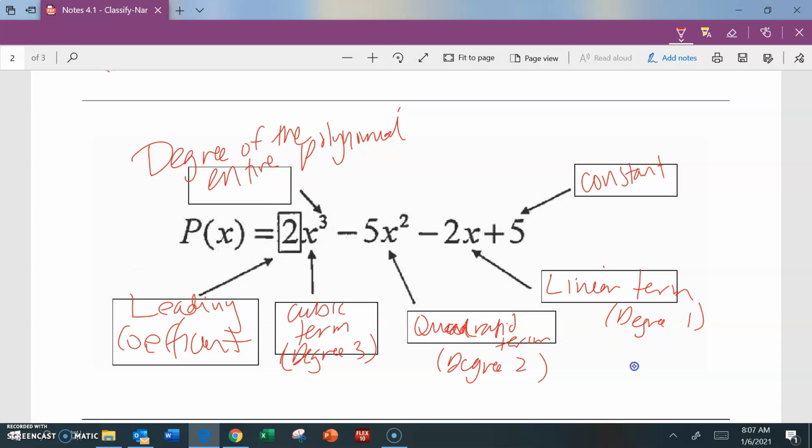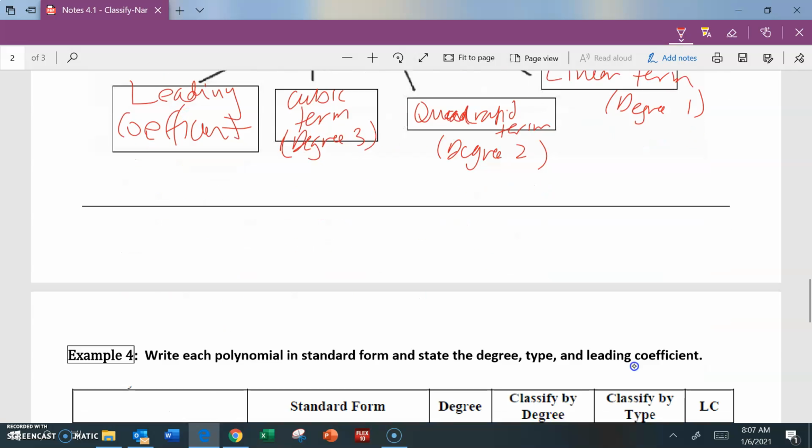And remember, this is when it's written in standard form. It's always going to be that highest in front, if it's written in standard form, which means highest exponent of the terms to the lowest. Okay? All right, so that's really just the notes part.